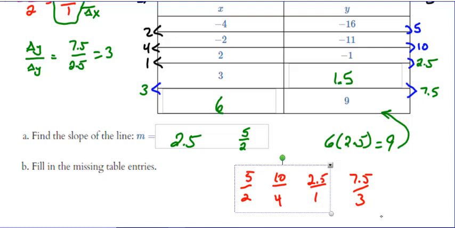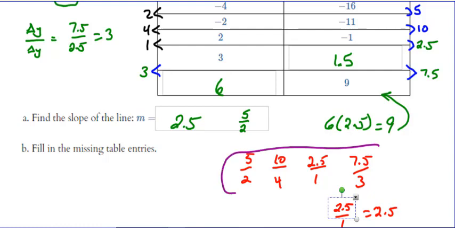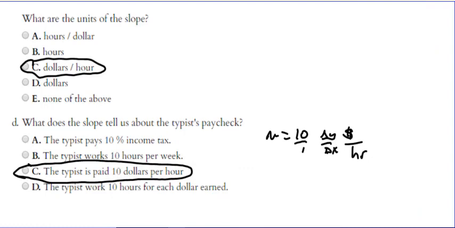If you were to simplify those, every one of these would simplify down to 2.5 over 1, which is really 2.5. So don't let things like this confuse you and say it's not linear. If you simplified every one of them, they would simplify down to that, and that's a good check.